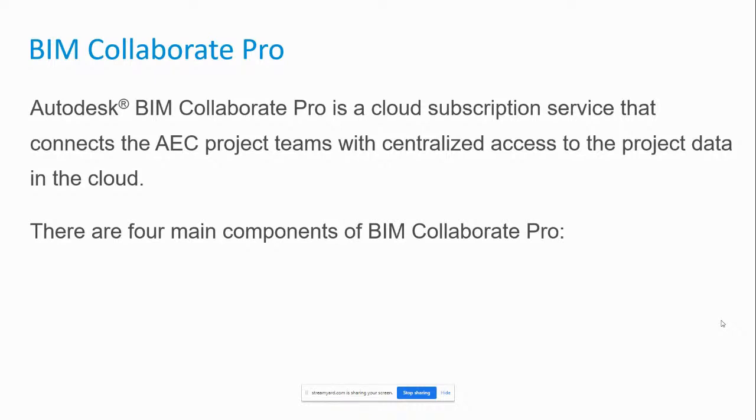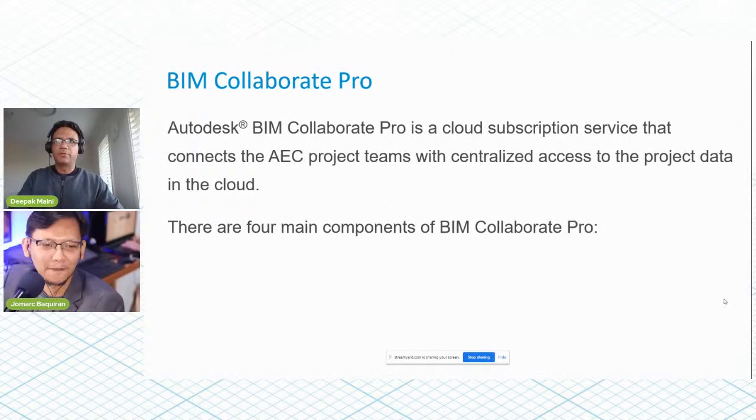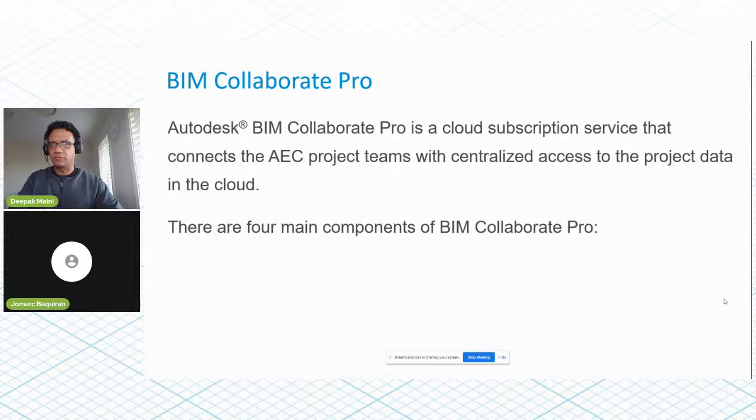And this is where Autodesk was well placed in this field, where they were able to provide a solution to the industry, where no matter where you are located geographically, you could access the data which was hosted on the cloud, which means that you didn't have to worry about VPNing into the office servers or trying to figure out how to access that data. So BIM Collaborate Pro was a massive, massive lifesaver for the AC industry when the pandemic hit and when everybody had to work from home.